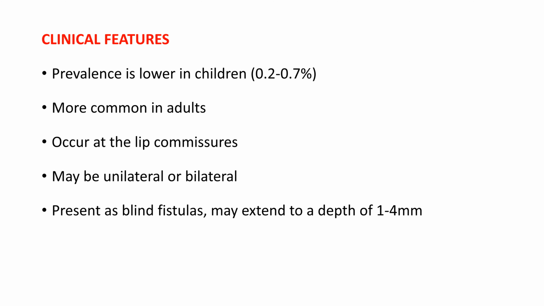They may be unilateral, present on one side, or bilateral. They mainly present as blind fistulas and may extend to a depth of 1 to 4 millimeter. So clinically you see a pit or depression on the corner of the mouth.